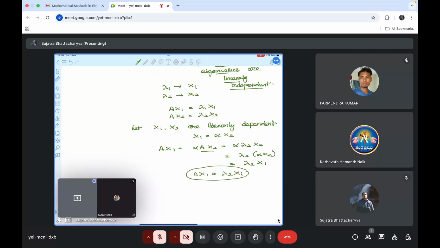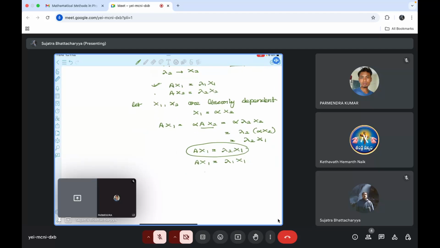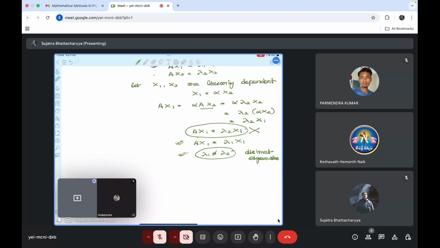But what we have seen is that AX1 must be λ1X1. And there are two distinct eigenvalues, λ1 is not equal to λ2. So since the eigenvalues are distinct, and we have also seen that AX1 is equal to λ1X1, AX1 equal to λ2X1 will never exist. It cannot happen.